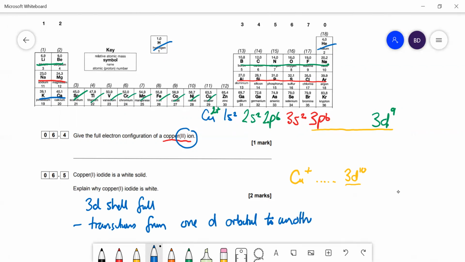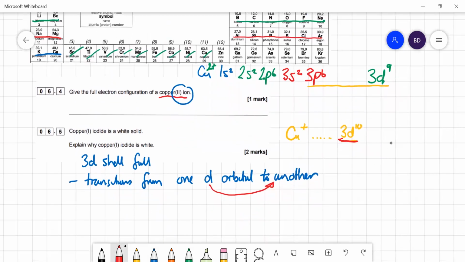With transition metals, the reason why the ions are coloured is because they absorb visible light to promote electrons from one d orbital to another. Well, that's not possible here because it's full up. Okay, so copper 1 iodide is a white solid, just like zinc. All zinc compounds are white or colourless because they've got a full d shell too. Okay.